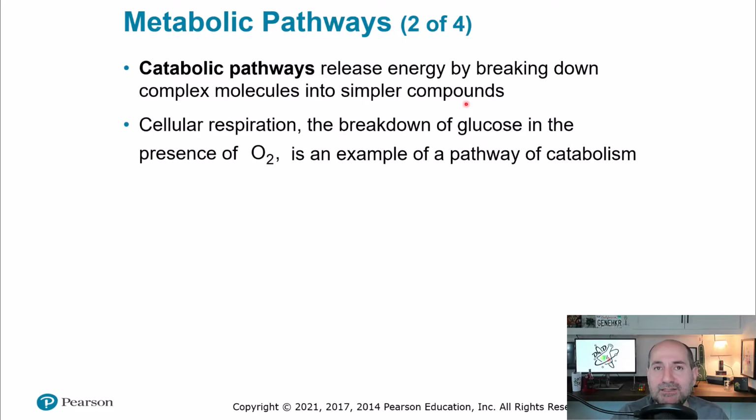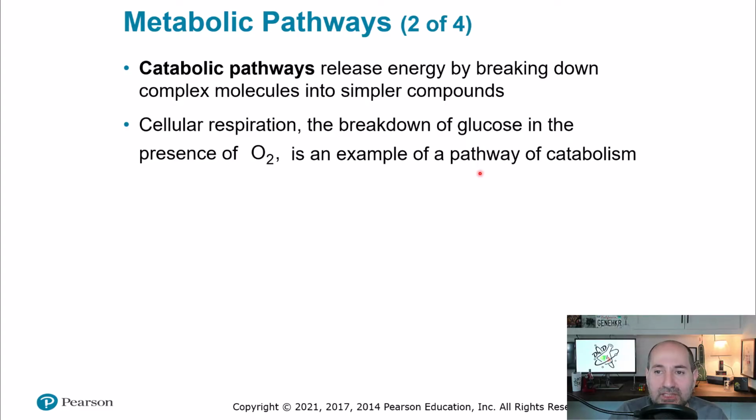When you're breaking down more complex structures, usually with enzymes, and you're breaking them down into smaller, more numerous substances, this is known as catabolic metabolism. So for example, we're going to learn about cellular respiration, the process by which your mitochondria break down glucose to produce ATP. Remember that? That's an example of catabolic metabolism.